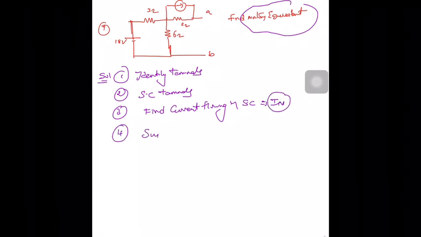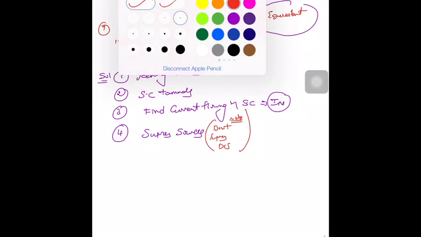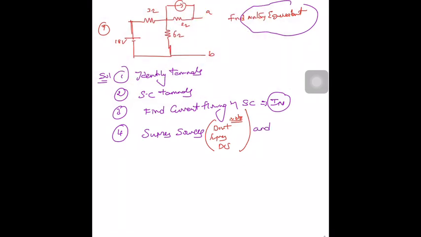Step 4. Suppress sources. Do not suppress dependent source, and find RTH across terminals.